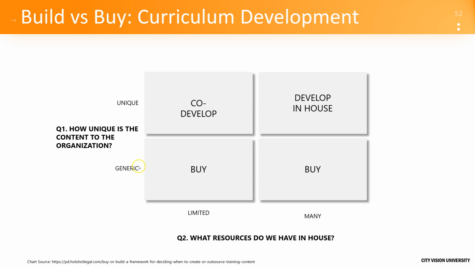Can you find it from outside that meets your needs and is values aligned? If it meets your needs and is values aligned, you're going to buy regardless, because you don't want to build something that you could buy. How many people build their cars from scratch these days? Not a whole lot. Sometimes developing an educational program can be almost that complicated.